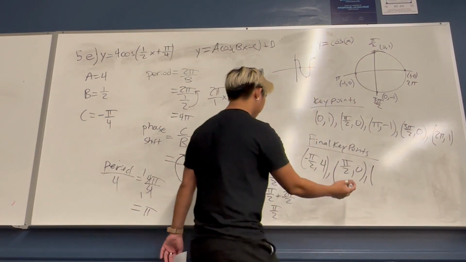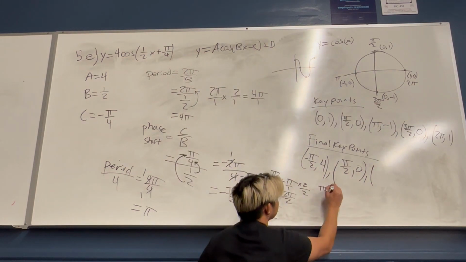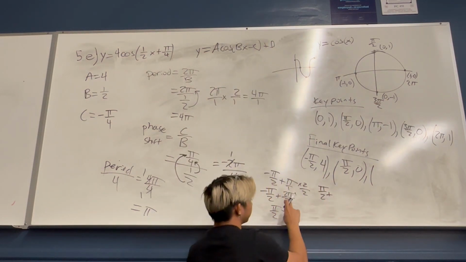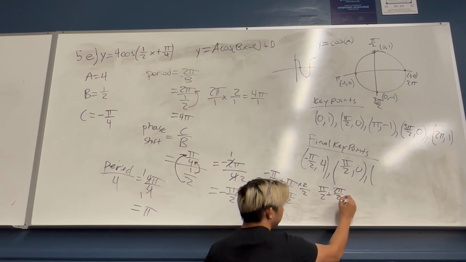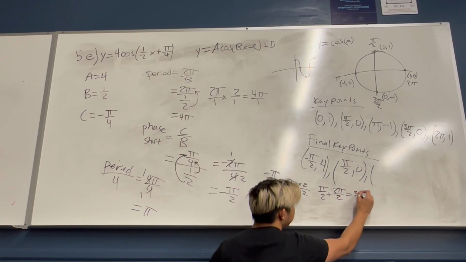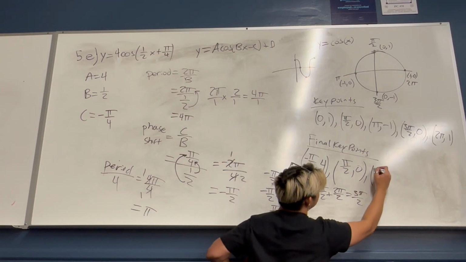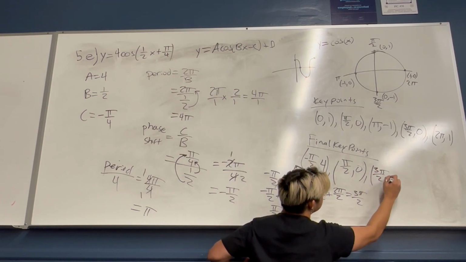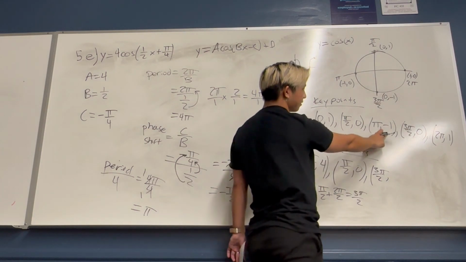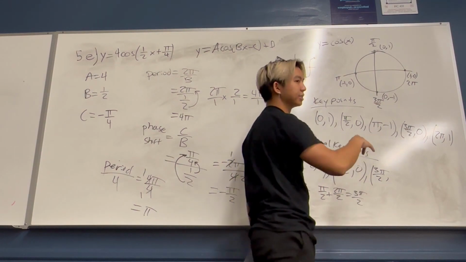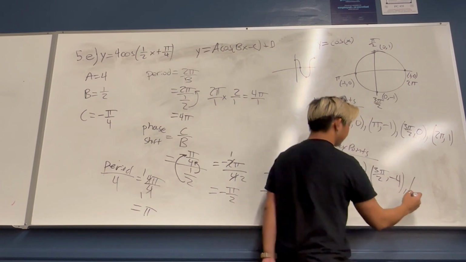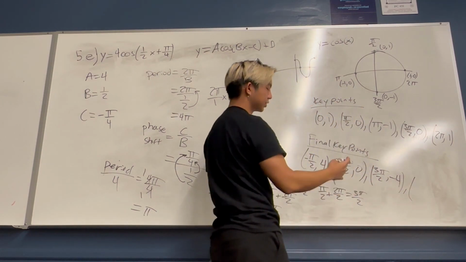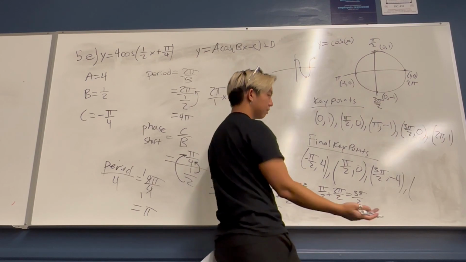And then again, we do pi over 2 plus, and we found that pi is equal to 2 pi over 2. So this becomes 3 pi over 2. 3 pi over 2 comma what? What's our y value here? Negative 1, right? So negative 1 times 4 is negative 4. Again, 3 pi over 2 plus 2 pi over 2 gives us what? 5 pi over 2.